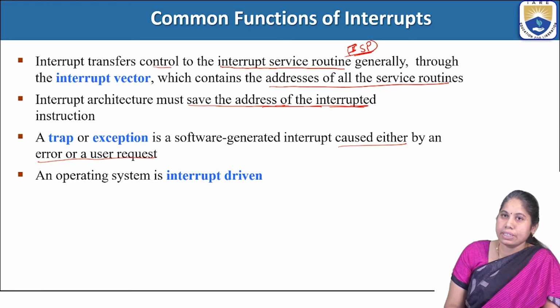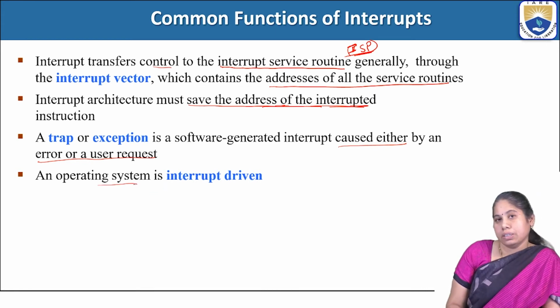It is a software generated interrupt. The user also can enable the interrupt. Suppose the priority is high, then it will start triggering the interrupt. So a trap or exception is a software generated interrupt caused either by an error or a user request.